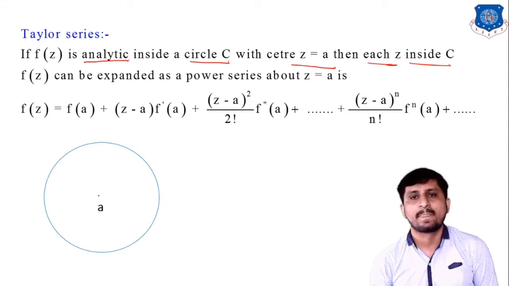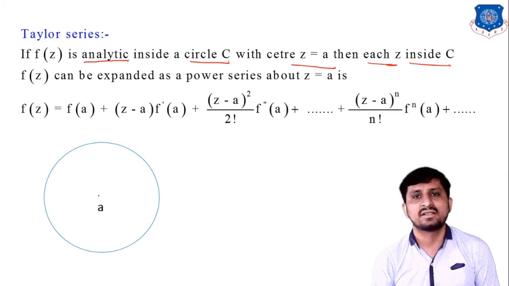Why? Because our center point is 0 and 1 upon 1 plus z is not defined at z is equal to minus 1. So we can take maximum radius r is equal to 1. Similarly, 1 upon 1 minus z is equal to 1 plus z plus z square plus z cube and so on. Here also mod z less than 1.